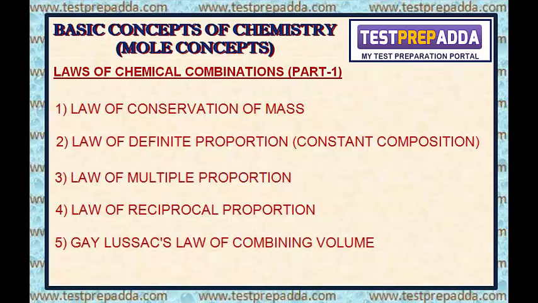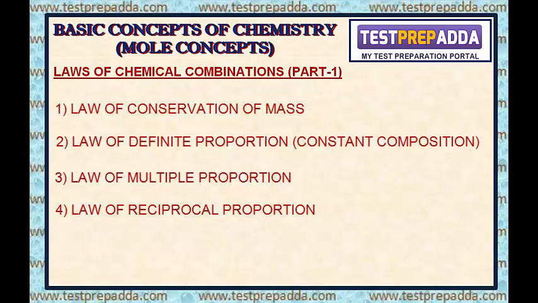In this video session, I will talk about two laws, law of conservation of mass and law of constant composition. While in the next video lecture, I will talk about law of multiple proportions, law of reciprocal proportions, and Gay-Lussac's law of combining volumes.